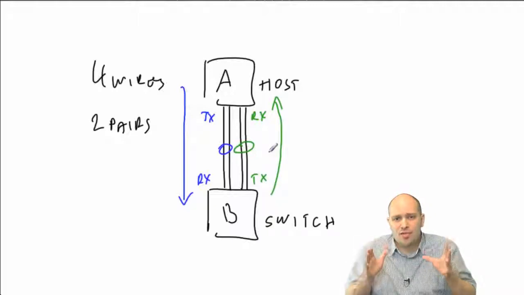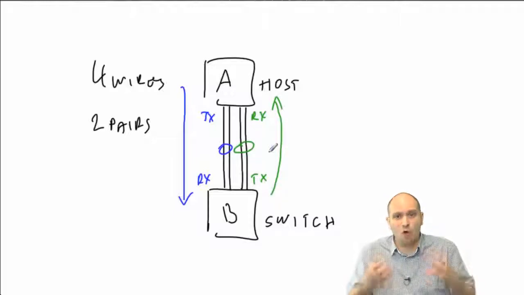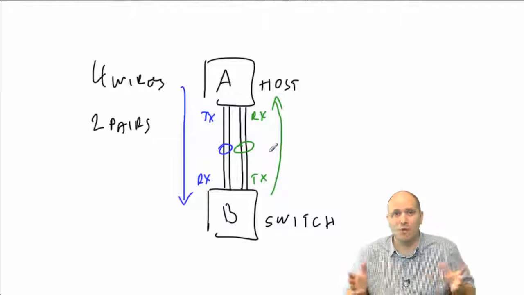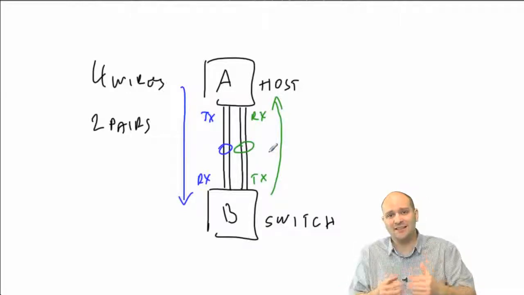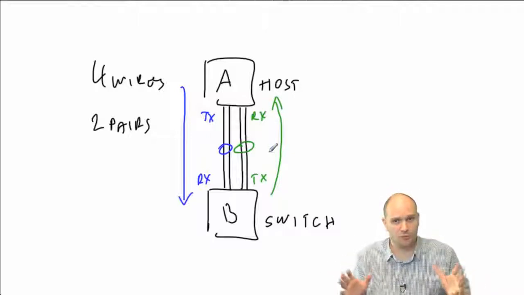Really, is there a need to detect any collisions here? Can there be a third device on this network segment that can transmit? Well, the answer is simply no. So running this in half duplex mode, in other words, speaking only one at a time, makes absolutely no sense.